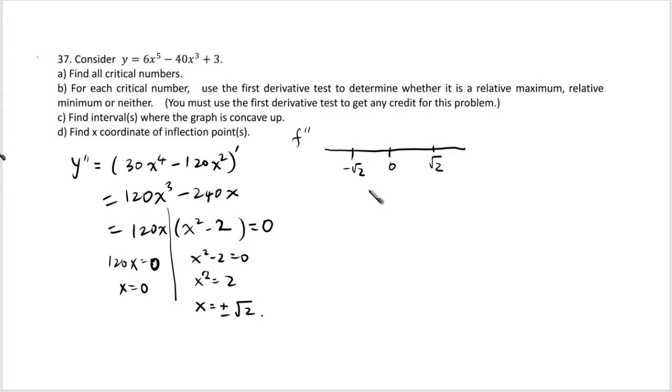And since f double prime always exists, and it's a continuous function, polynomials are continuous functions, it can never change its sign unless it hits 0.